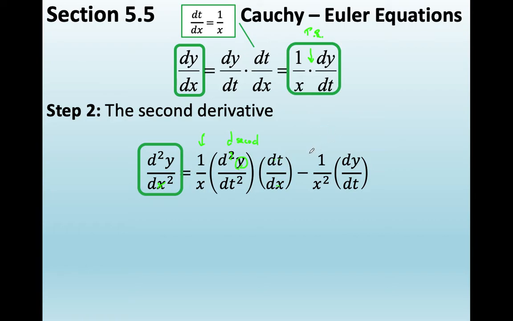Then what the heck is this? Why is there a minus? This is supposed to be a plus, right? That's because it is plus the second function, dy over dt, times the derivative of the first. But what's the derivative of 1 over x?